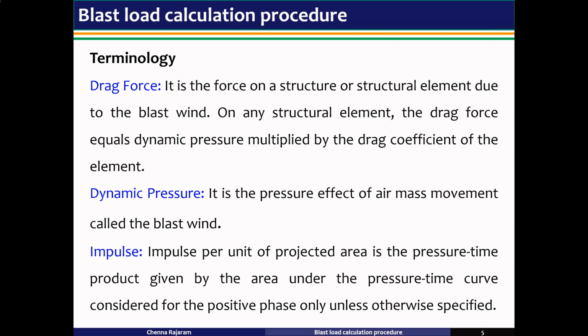Dynamic pressure. It is the pressure effect of air mass movement, called the blast wind. Impulse. Impulse per unit of projected area is the pressure-time product given by the area under the pressure-time curve, considering the positive phase only unless otherwise specified.